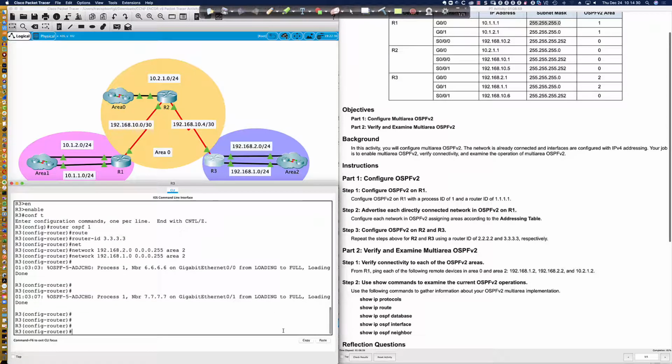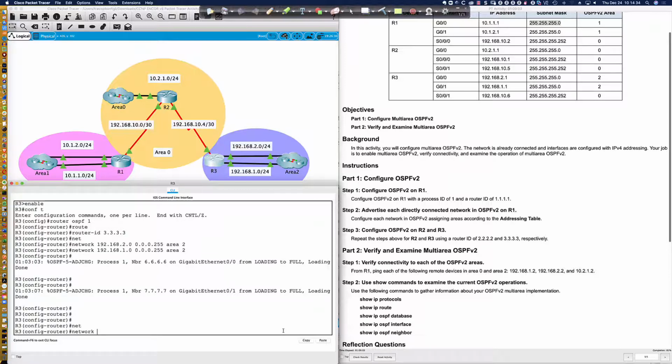All right, now I need my final network statement for the 192.168.10.4 and 0.0.0.3. And remember, that is not an area 2 connection because router 3 is an area border router.